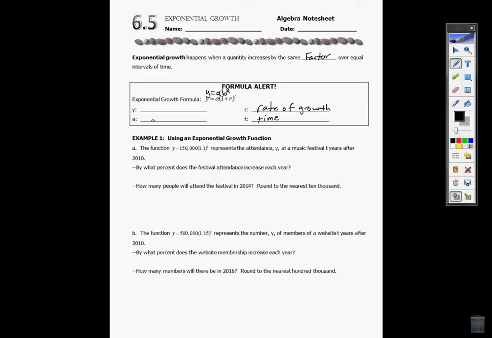Now let's look at y and a. a is going to be our initial amount. In the other equation, we had a being our y-intercept, which makes sense. The y-intercept, the time when x equals 0, so initial time, is our initial starting point, our initial amount.